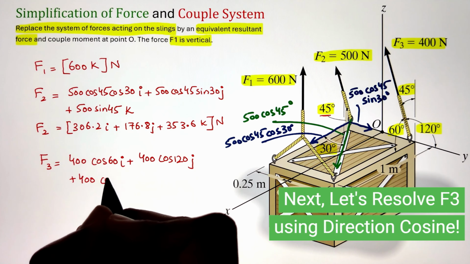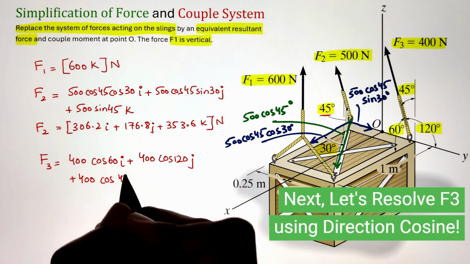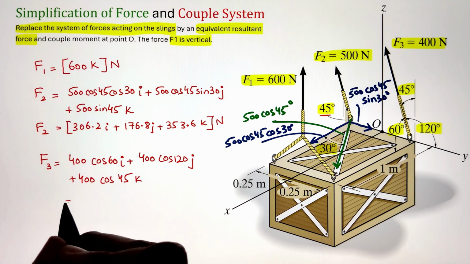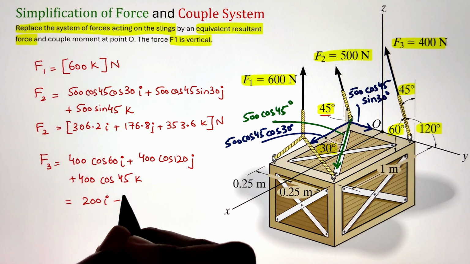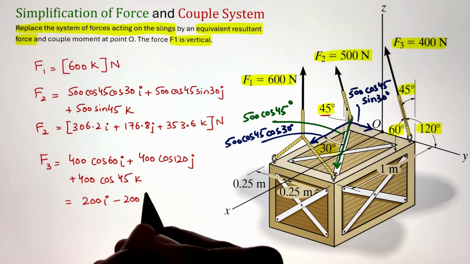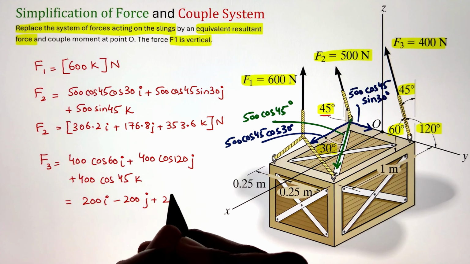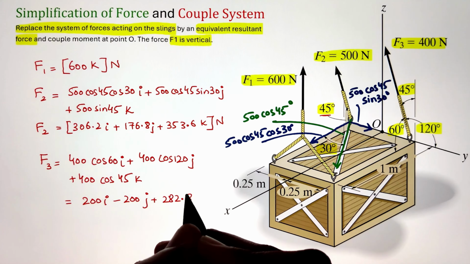Now simplifying, we get our F3 as 200i minus 200j plus 282.8k.